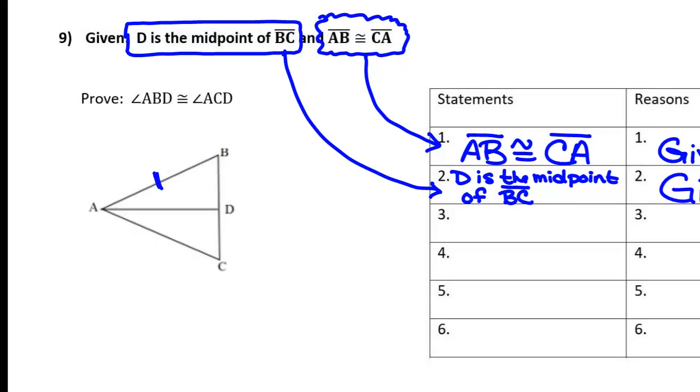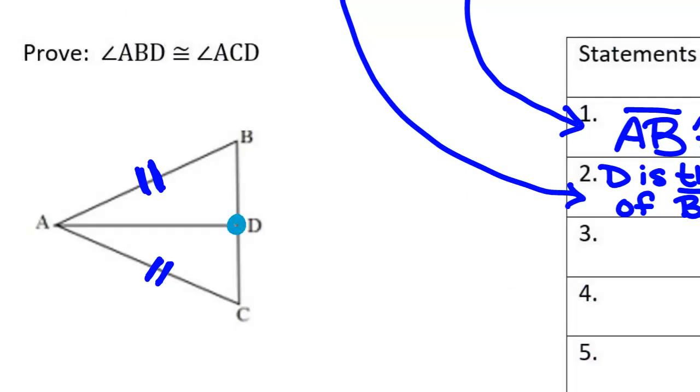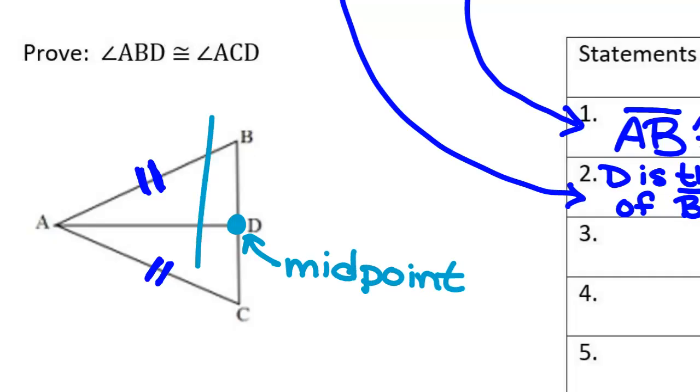AB, that's this, is congruent to CA, that's this. We were told that D is a midpoint. Well, if D is a midpoint of BC, what else would have to be true then? CD, yep, CD and BD would have to be congruent.